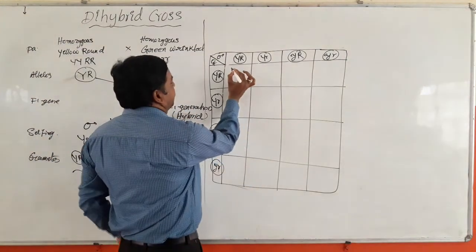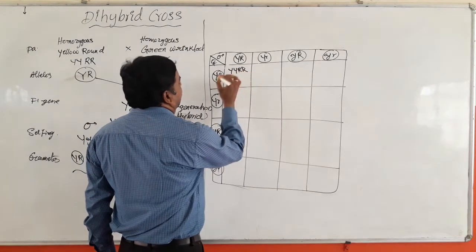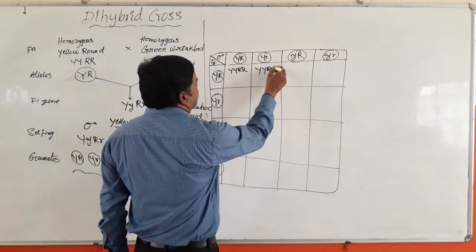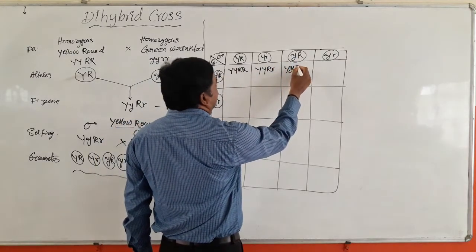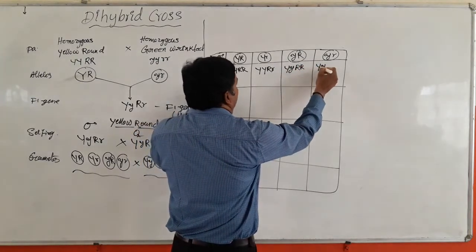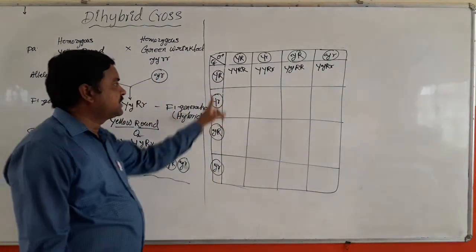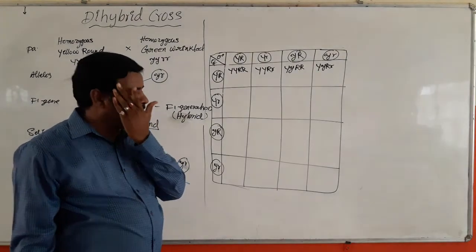First combination, capital Y, capital Y, capital R, capital R. Capital Y, capital Y, capital R, small r. Capital Y, small y, capital R, capital R. Capital Y, small y, capital R, small r. This is the genotypes of the first row combination.